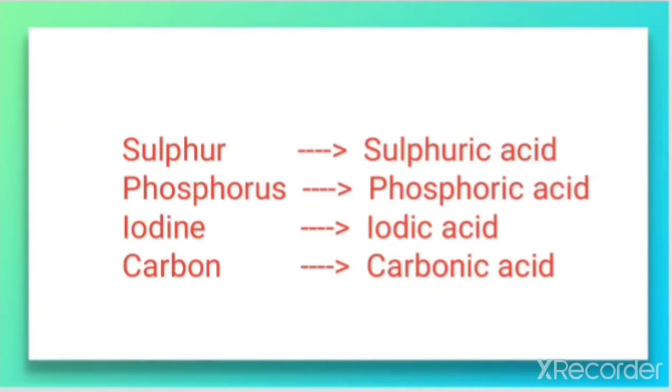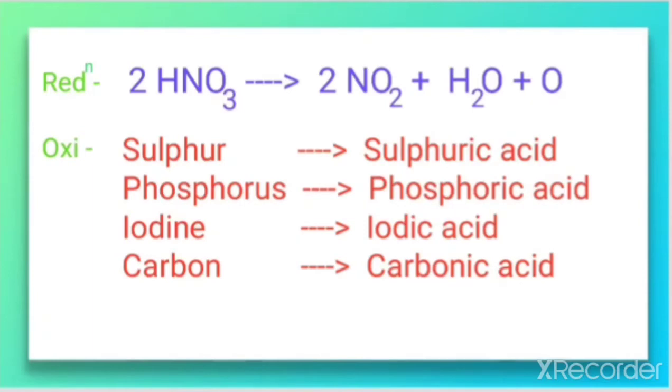So these reactions are actually oxidation reactions. Since nitric acid is acting as a good oxidizing agent, it itself undergoes reduction. The reaction involved for nitric acid is 2HNO3 gives 2NO2 plus H2O plus O. Because nitric acid behaves as a strong oxidizing agent here, it has a tendency to give nascent oxygen, that is O. So this is a reduction reaction.